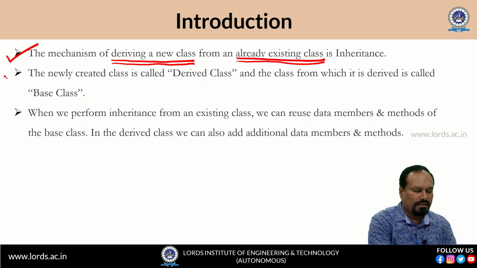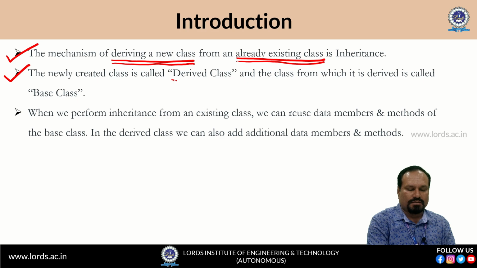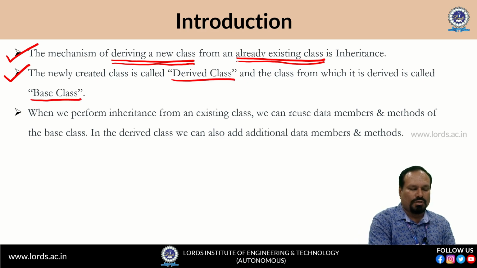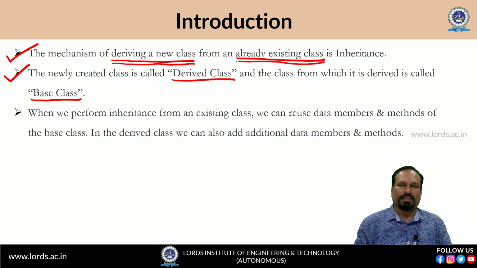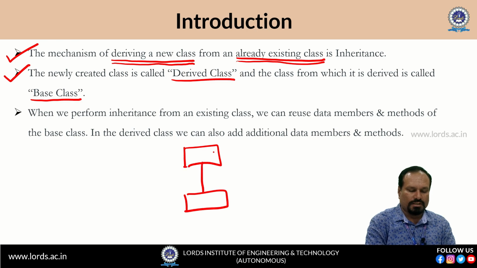So what is that new class which is being created? The new class which is created is called the derived class, and the class from which a new class is created is called the base class. So if I have, let's say, two classes, a class A and a class B, then if I perform inheritance, from class A, class B is being created.